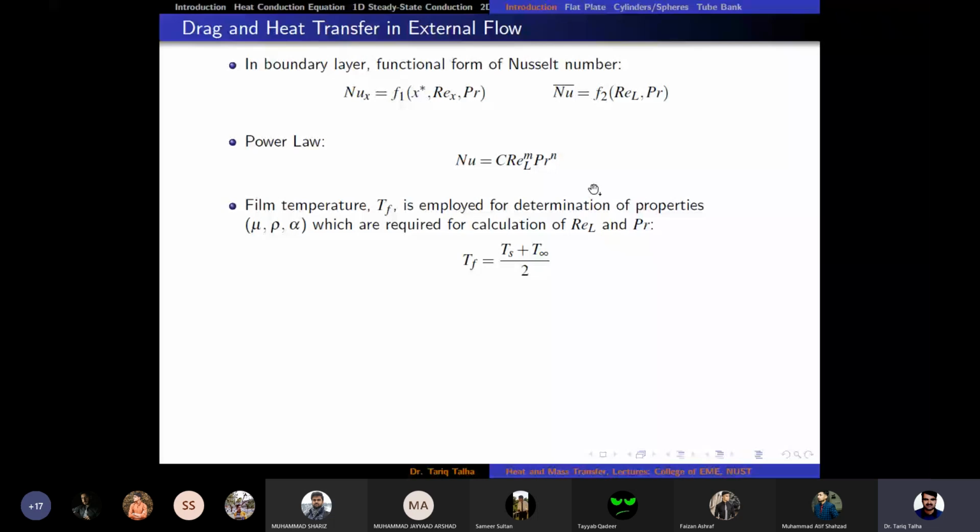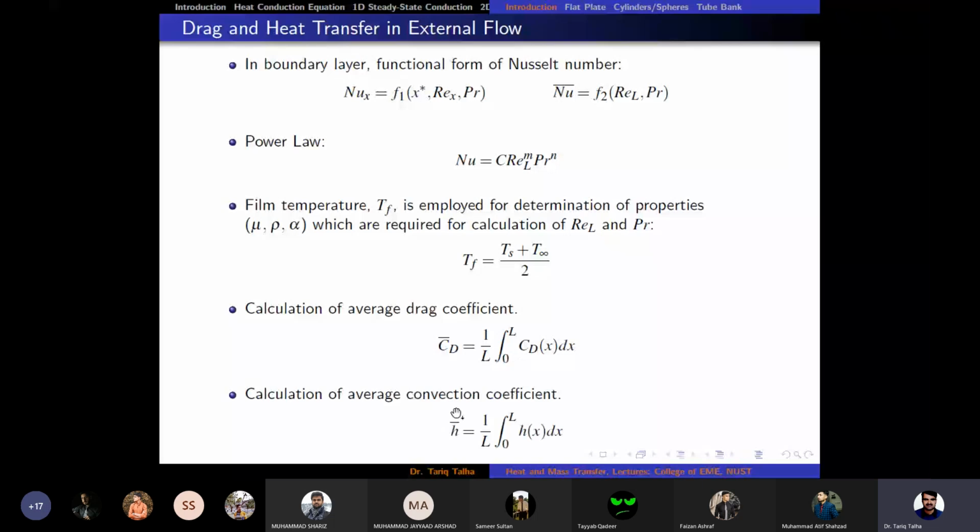Once we get this Reynolds number and Prandtl number, we can calculate the local Nusselt number at different x locations on that flat plate. So we can have a local Nusselt number or h, and if we want to calculate the average Nusselt number, we can always do the integration for the drag coefficient, and then for the calculation of Nusselt number.